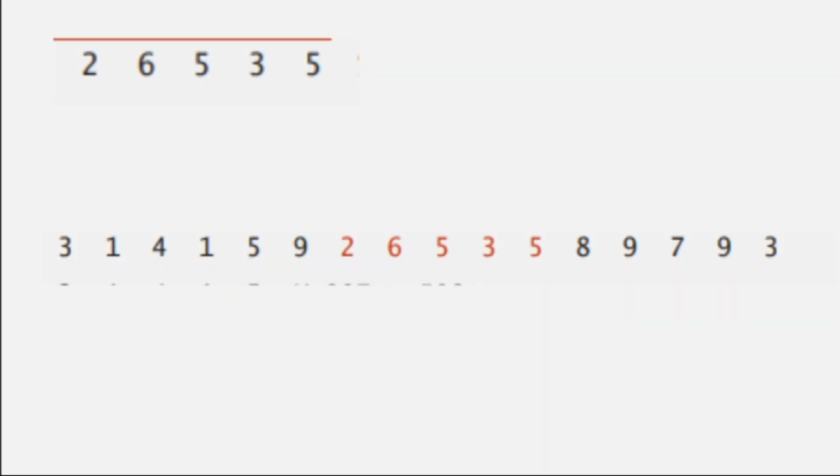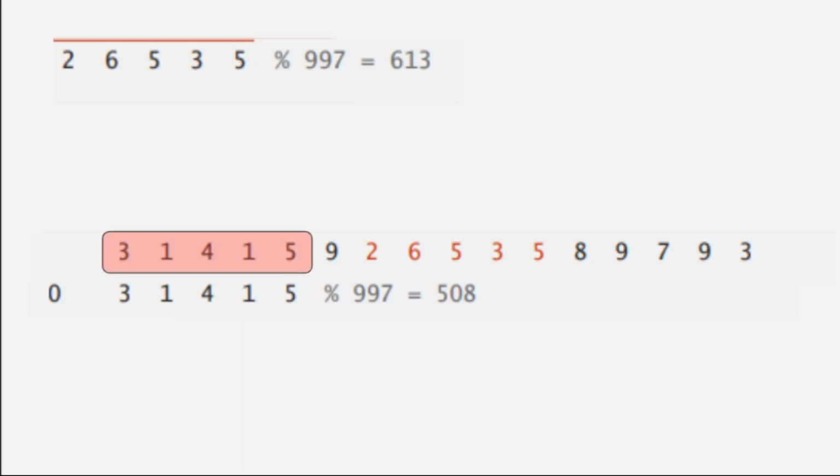So, for example, we have this small pattern and this is our text. How can we find this pattern using this algorithm? Firstly we hash our pattern, and that gives us 613. We will see how we are going to hash it.